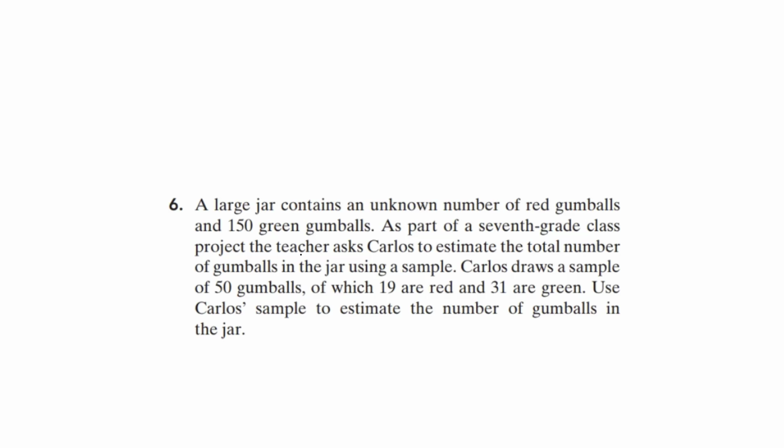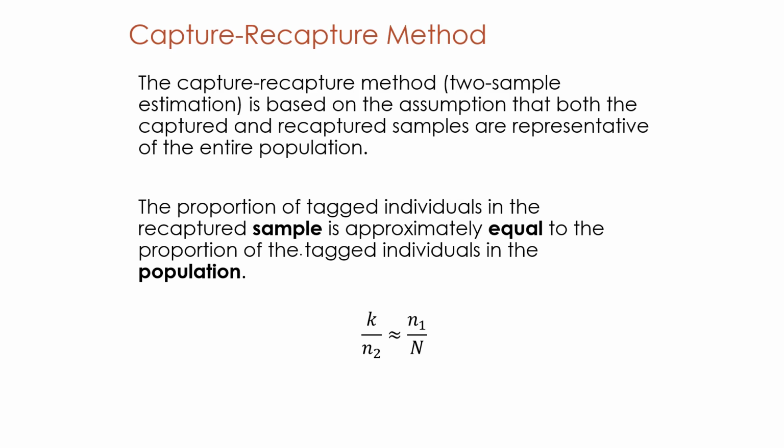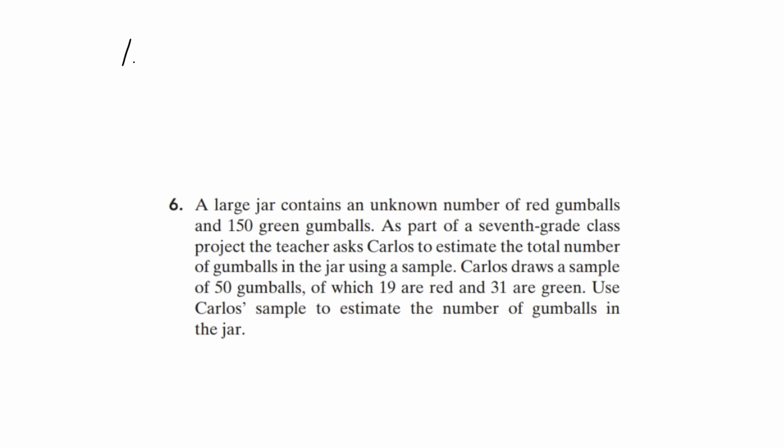A large jar contains an unknown number of red gumballs. So let me try and keep these straight. K over n2 is approximately n1 over n. This is the tagged, N1, this is the total, over N.